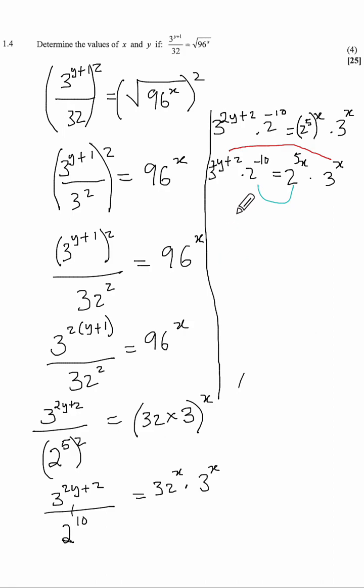So like if I take the power of 3 here is 2y plus 2. So that 2y plus 2 should be equal to the power of 3 on this side, which is x. And then the powers of 2 should be the same. So negative 10 should be equal to 5x.